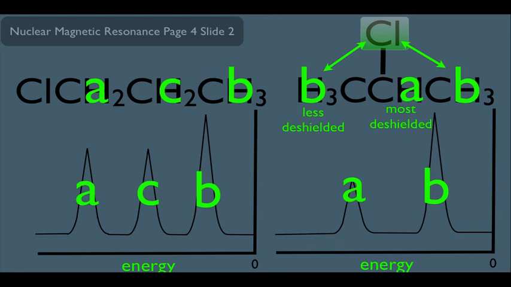So notice it's the HNMR that helps us distinguish these two structures, which means if we throw our unknown sample into the HNMR and we see three signals, we know the molecule has to be 1-chloropropane. If we happen to see two signals, we know the molecule therefore must be 2-chloropropane.